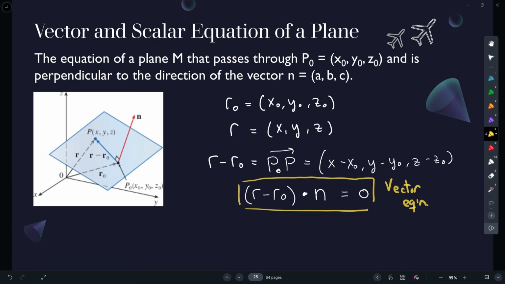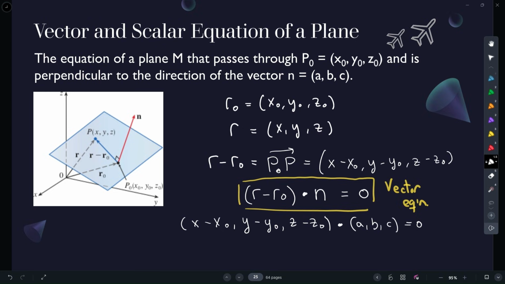If we express that in terms of the coefficients that we have described here, it says that the vector x minus x naught, y minus y naught, z minus z naught, dot product with a, b, c has to be 0.